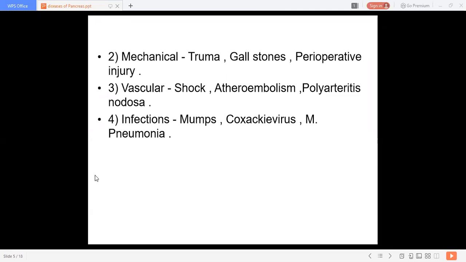So the causes are divided into 4 sections: metabolic, mechanical, vascular and infectious conditions. Etiology is very, very important for this pancreatitis.